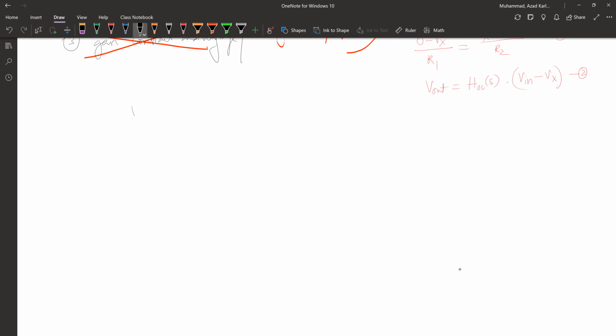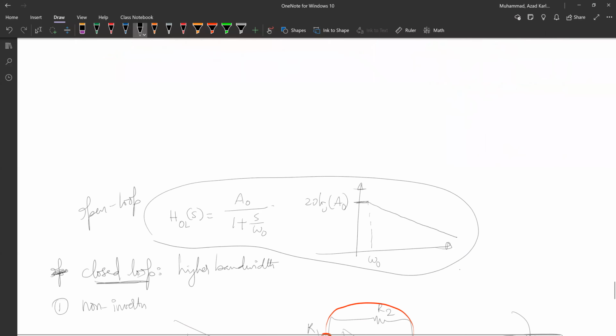So what we get is that V out of S over V in of S equals, after rearranging, I think it will be 1 plus R2 over R1 over 1 plus, I believe, what was that?